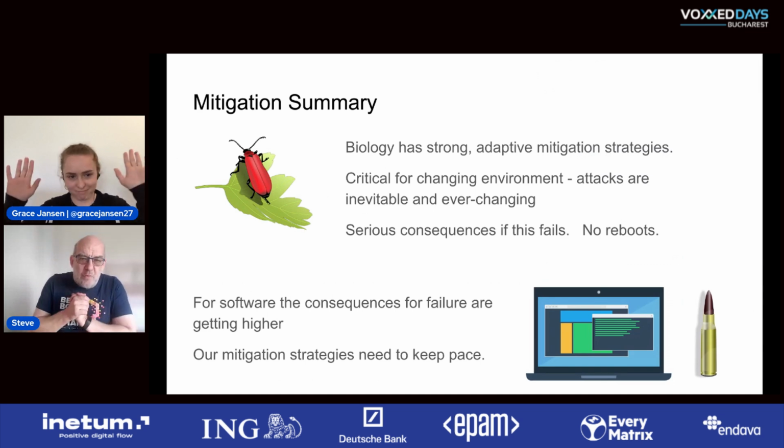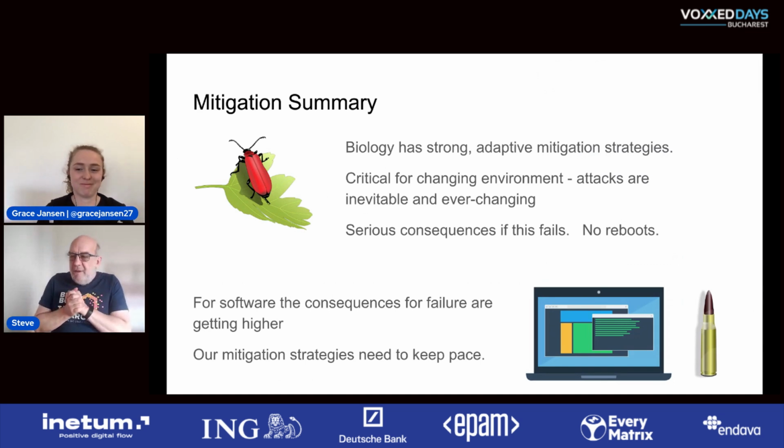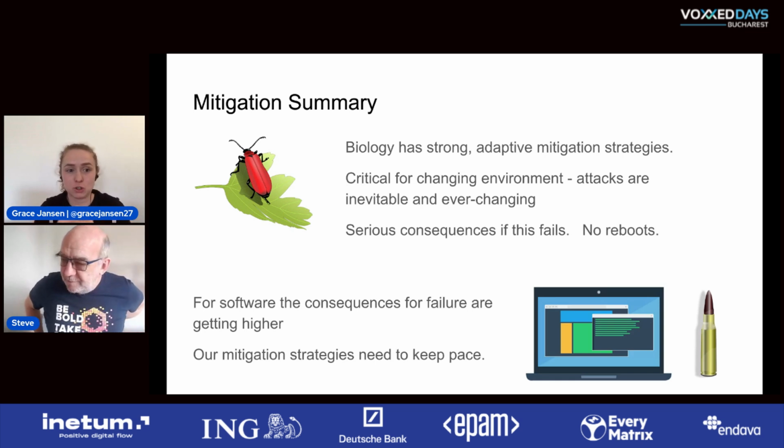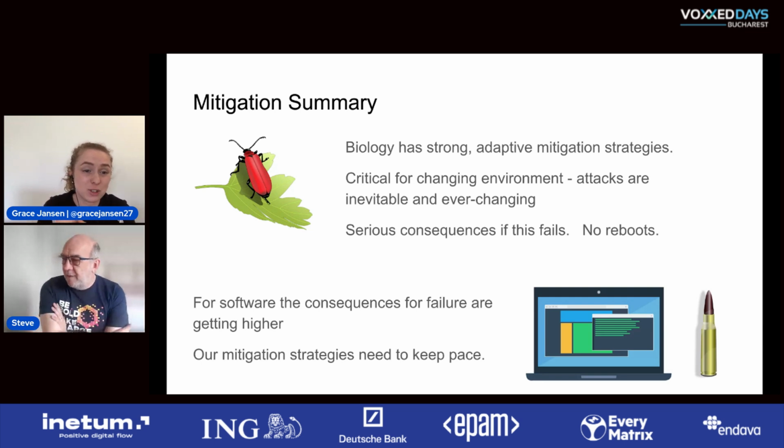There we go. Mitigation summary. Biology. There's a reason that we're so good at mitigation, and that's because, as Steve said here, there are no reboots in biology. A lot of the time the risk, if we don't do something about infections or viruses or parasitic ones, etc., is often serious illness, if not death.